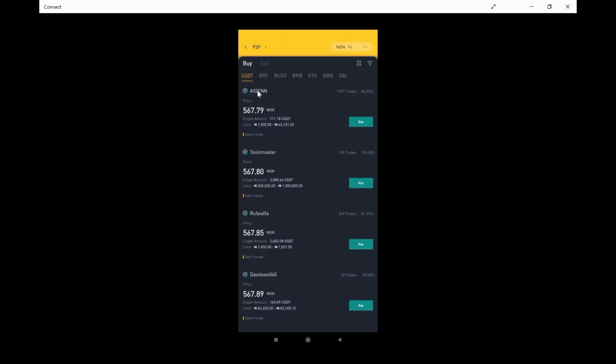You can see the name, and then you have the number of trades. Aiden has completed 1,027 trades. And then you have the percentage. This figure you're seeing here is the completion percent, how many trades Aiden has completed.